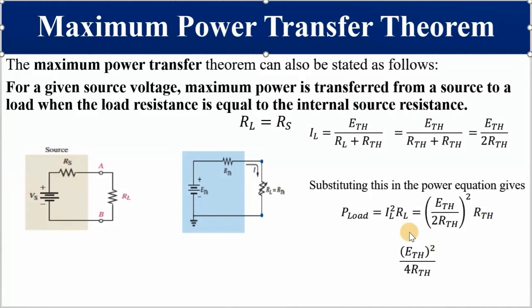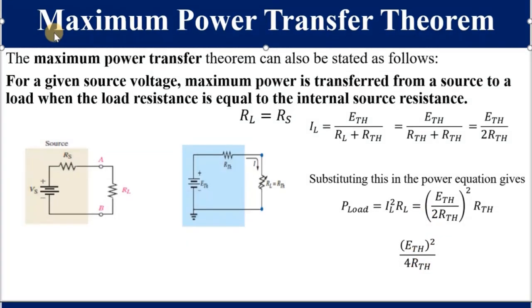This R-Thevenin is equal to RL, don't forget. If we simplify this, power delivered to a load is equal to E-Thevenin squared divided by 4 R-Thevenin. You know your engineering mathematics 1. This is how you calculate power dissipated by the load for the maximum power transfer theorem.